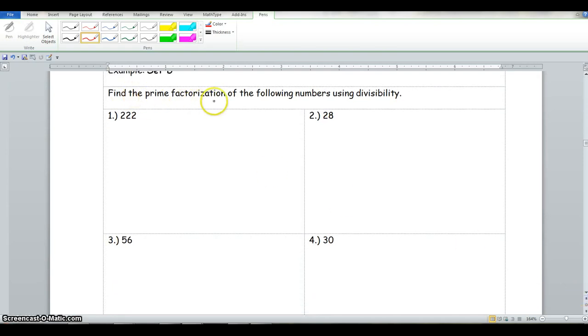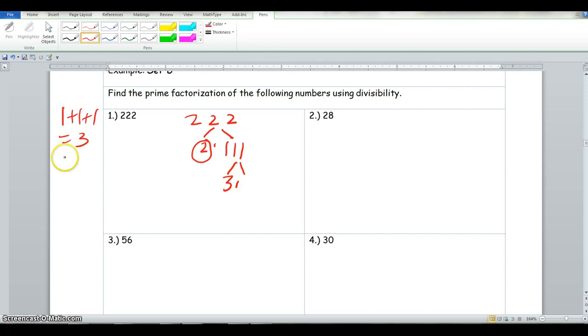It says find the prime factorization of the following numbers using divisibility. So we'll take 222. Now we know definitely that 2 can divide evenly into this. So it'll be 2 times 111. So that's a prime number. Now if we look at 111, if we add all of these digits together, that gives us 3. So we know 3 goes into 111.